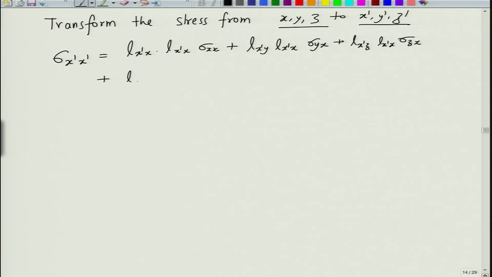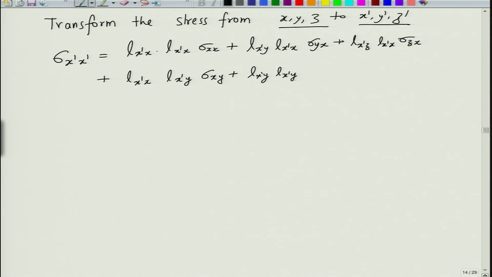So, the first term remains L x prime x. This x will now become y, and here sigma will become sigma x y. This will become sigma L x prime y.